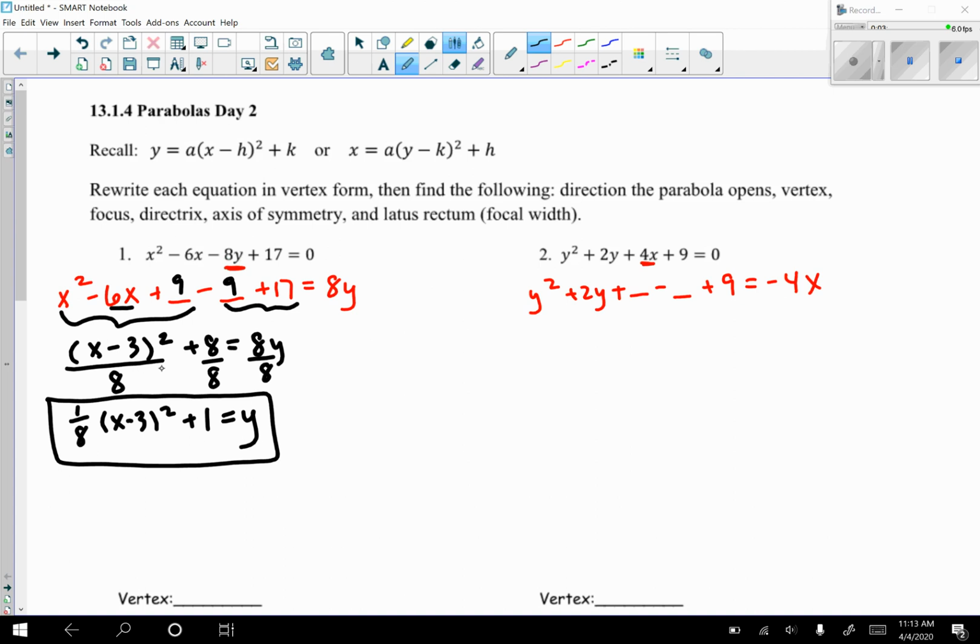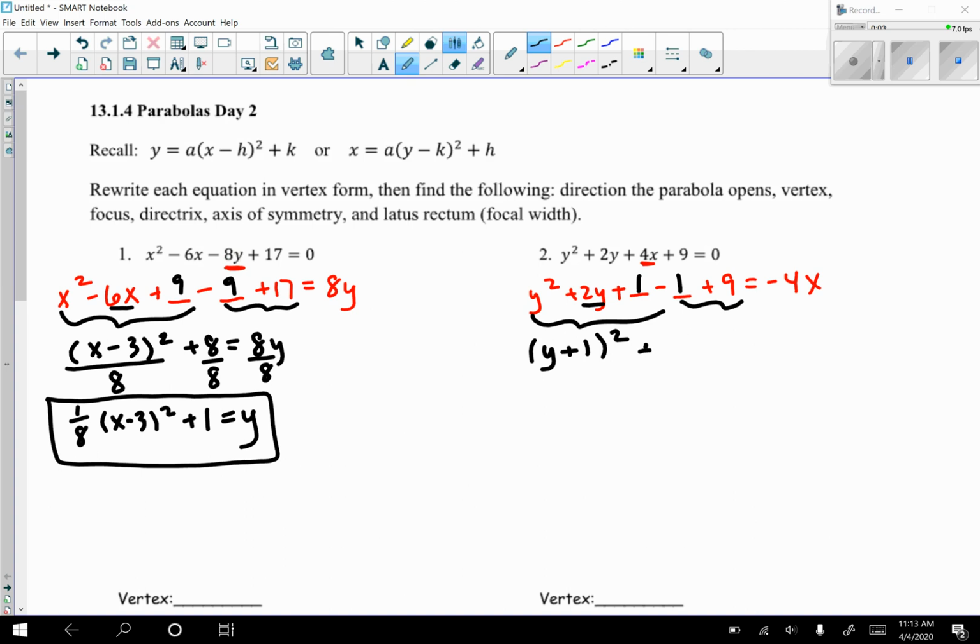All right, so before we answer the other questions, let's go ahead and look at number 2. So this is the portion that we're going to be completing the square for. So our linear term is 2y. So half of 2y would be 1, and 1 squared is 1. So we're going to add and subtract 1. So if I factor this, now this is y plus 1 quantity squared. And then we want to combine these two terms here.